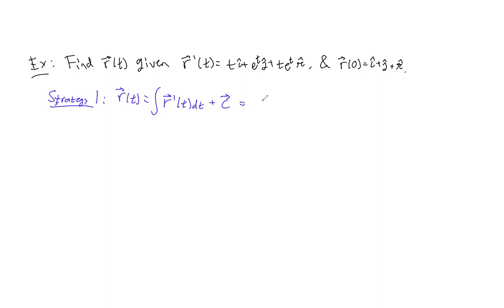If you just take the antiderivative itself, the antiderivative of t is just 1/2 t squared i. Antiderivative of e to the t is just e to the t j. Antiderivative of t e to the t, you would have to do that by parts, but I'll let you know what that is in this case. That's going to be e to the t times (t minus 1).